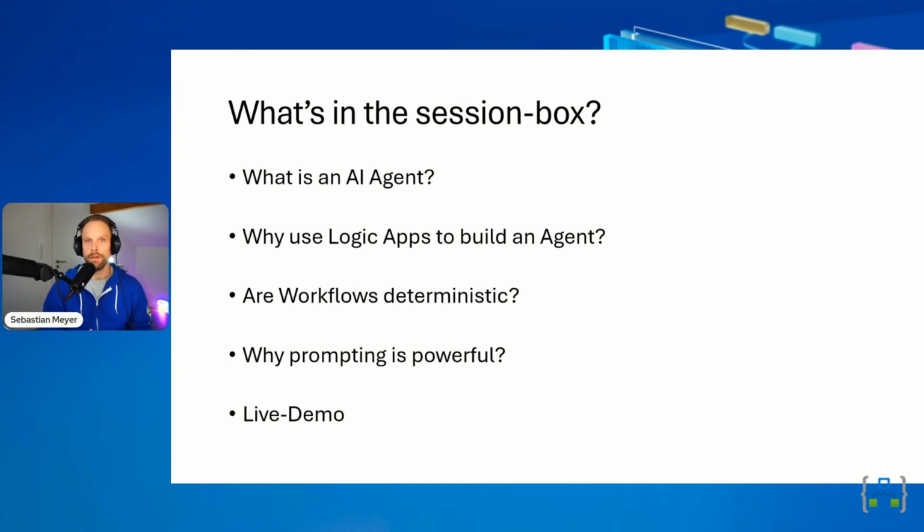And then we need to talk about whether workflows are always deterministic or if we need to rethink that. Before we dive into our demo, I want to highlight your new superpower, prompting, and why prompting is a key to effectively using AI. And after that, of course, I'll show you everything live in a demo.